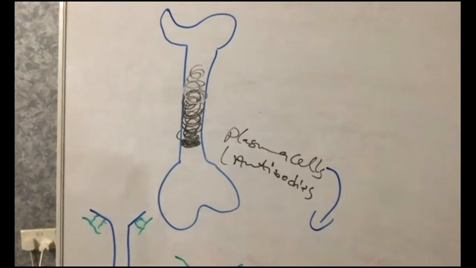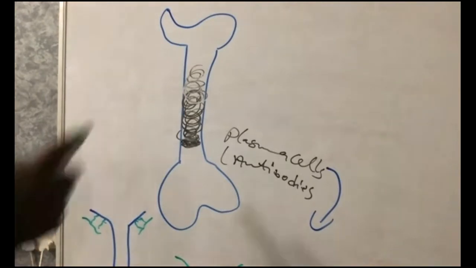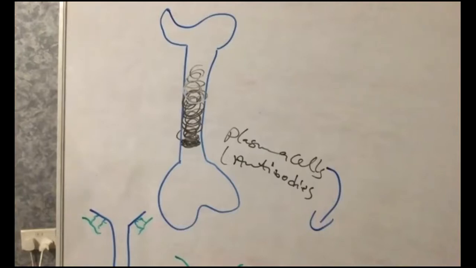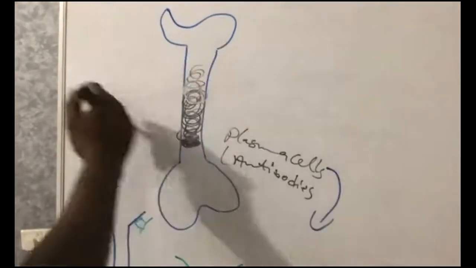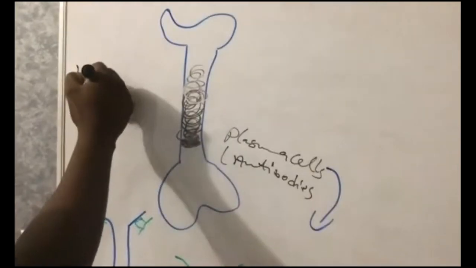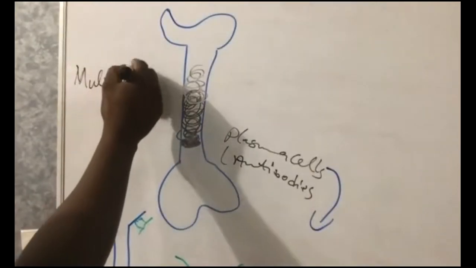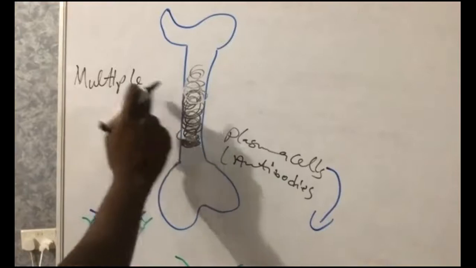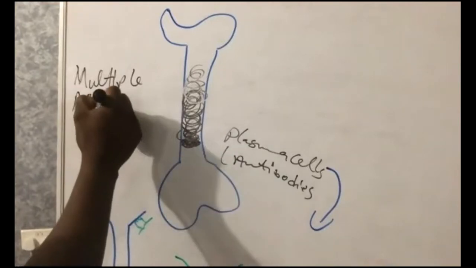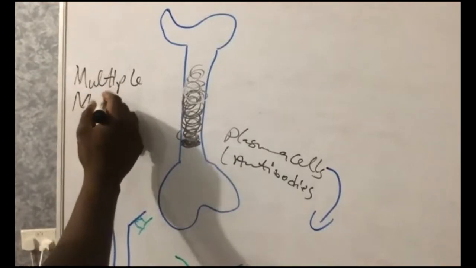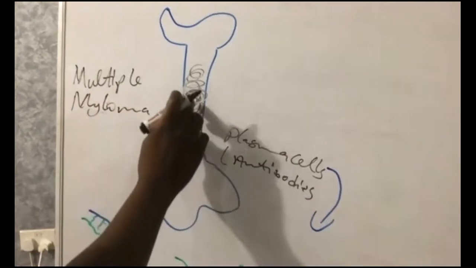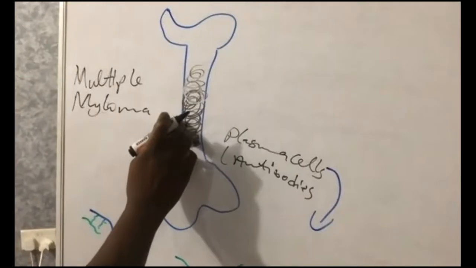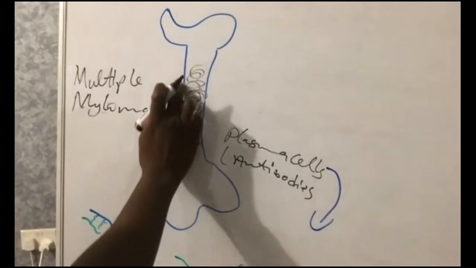Okay, now listen, this condition is called myeloma. When it occurs in multiple bone marrow sites, we call it multiple myeloma. Now look at the way they are occupying the bone marrow. They can even occupy the bone marrow, then destroy the bone itself.